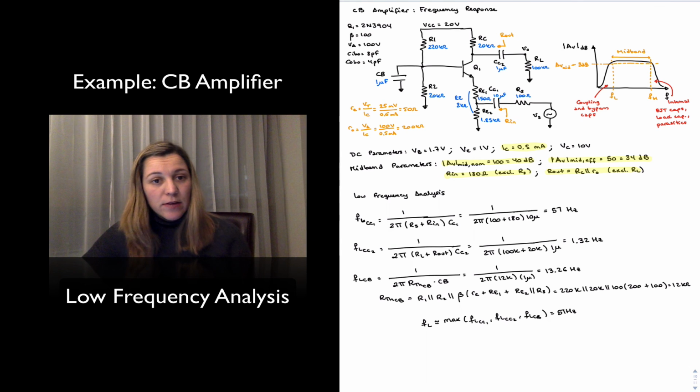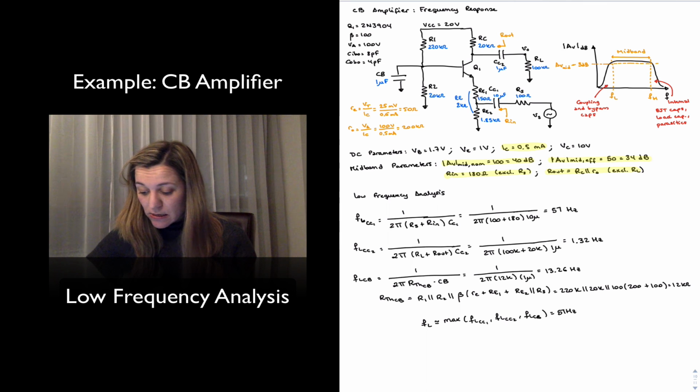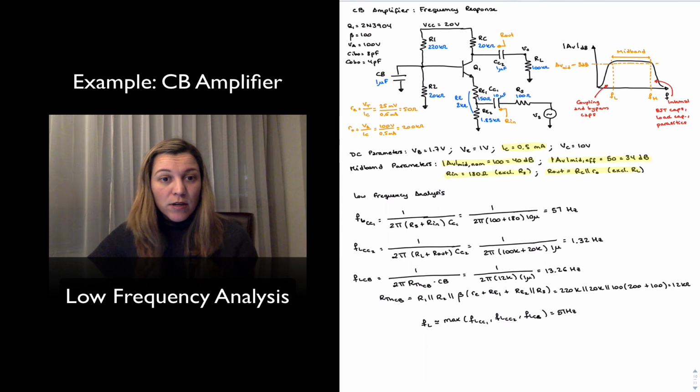Now we have seen that the larger the difference between that high cutoff frequency and the others, the better the approximation will be. In this case, 57 hertz, the next one is 13 hertz, so it's going to be a fairly good approximation, but we expect that the actual cutoff frequency will be slightly larger than 57 hertz.